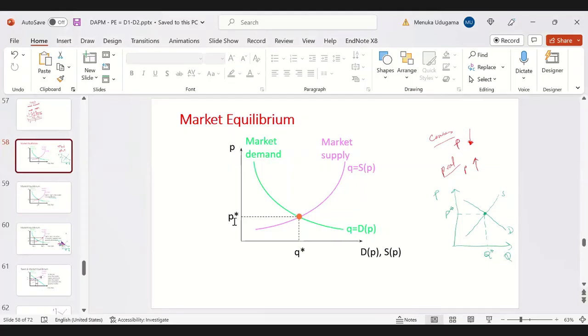And Q star is again the quantity that both are happy with, which is sold and bought in the market. Right? So we discussed what would happen to quantity demanded and supplied if prices increase or decrease. So we can apply this theory to illustrate or explain any economic phenomenon in the economy around us.